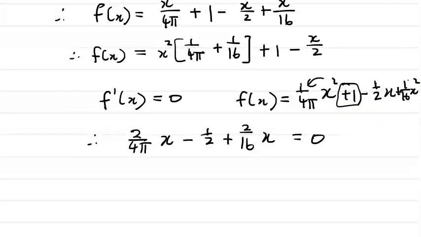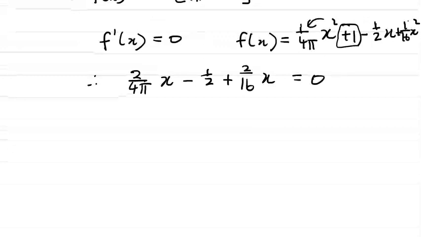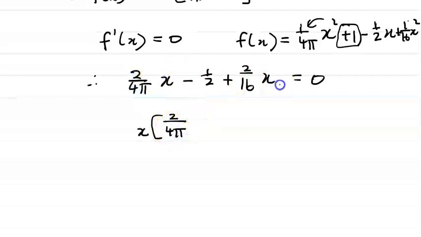So we now need to solve for x. We can take out a common factor here. So it will be x into 2 over 4 pi plus 2 over 16. So I just removed x as a common factor.